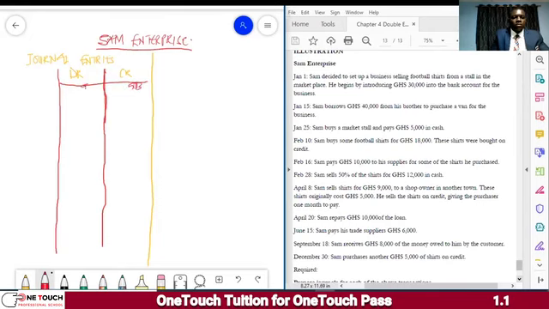Okay, so the first transaction: Sam decided to set up a business selling football shirts from a store in the marketplace. He begins by introducing 30,000 into the bank account for the business. So here, let's have the particulars or description or details. So we record the transaction. He begins by introducing 30,000 into the bank account for the business. So here we are going to debit bank with 30,000 and credit what?